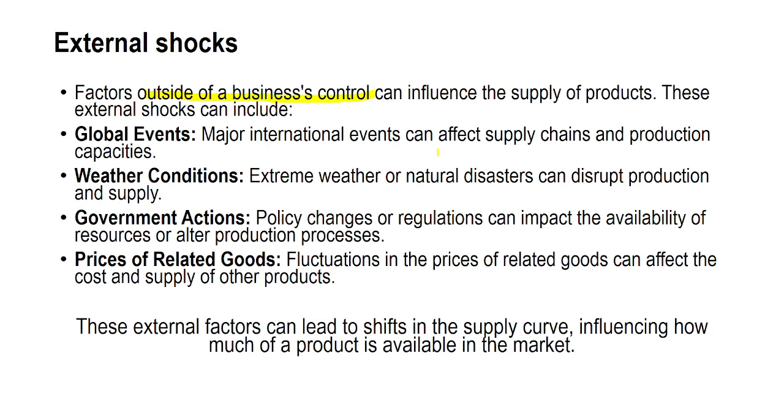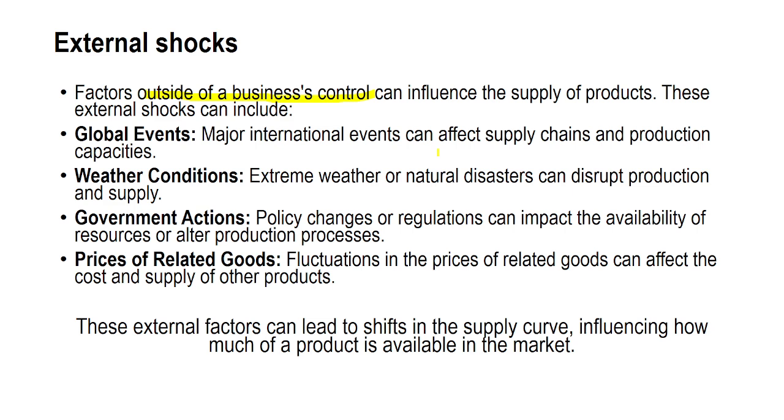These external shocks include global events, weather conditions, government actions, and prices of related goods. Global events are major international events that can affect supply chain and production capacity. Weather conditions, such as extreme weather or natural disasters, can disrupt production and supplies. Government actions are policy changes or regulations that can impact the availability of resources or alter production processes.